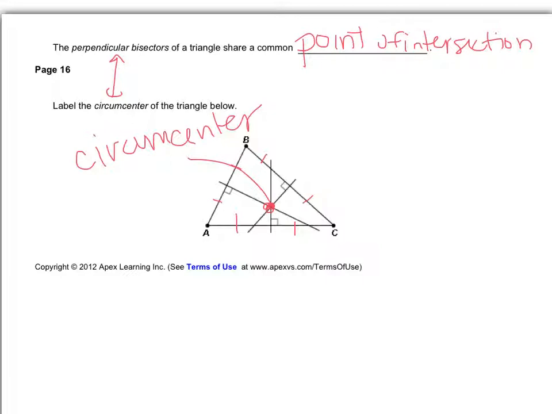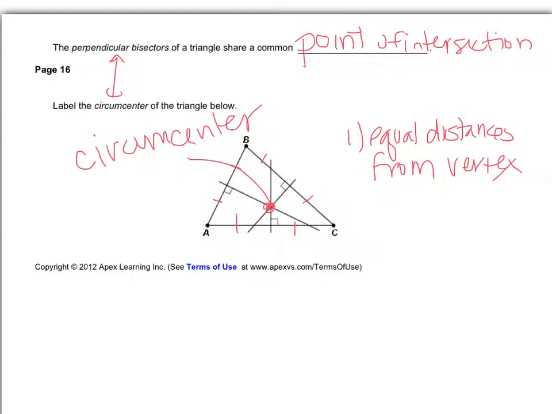Now you had to know a couple questions. You had to answer a couple things in vocabulary. Look at the definition. So the first thing you need to know about circumcenters is that they're equal distance from the vertex. So that means the distance from here to here is the same as the distance from here to here is the same as the distance from there to there.